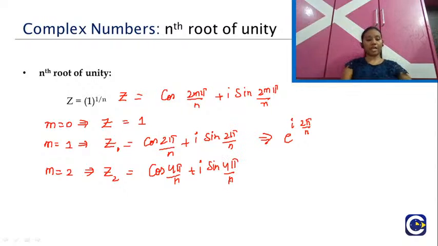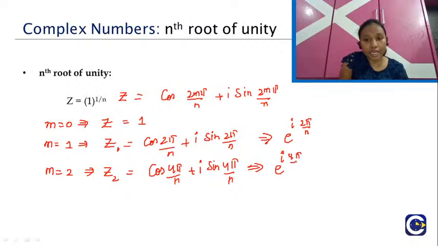So when m value is equal to 2, I'll be having my root here, that is cos 4 pi by n plus i sine 4 pi by n. So in terms of Euler's form, this is nothing but e power i 4 pi by n.